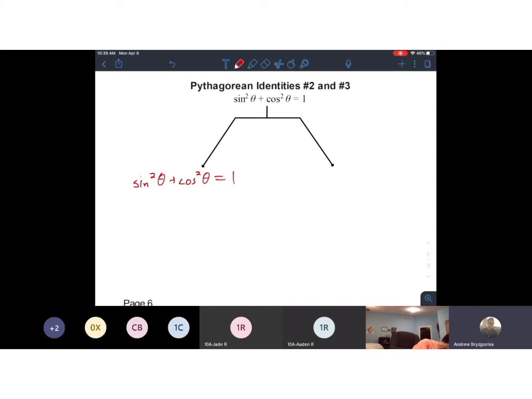But let's say that I don't want one of those trig ratios in my equation. So I could just look at this and say, you know what? I'm really not a fan of cosine squared, so I'm going to divide that out.